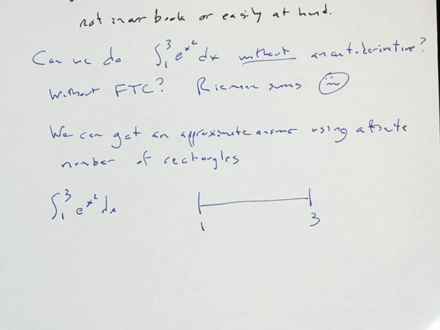Doesn't matter how many intervals I use, we just have to decide. And then we'll see how close we got to the quote unquote right answer. It's a reasonable number. How about we use 10 of them?